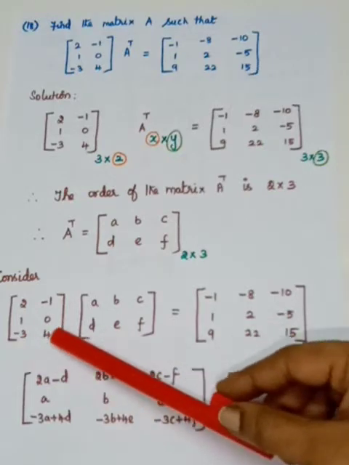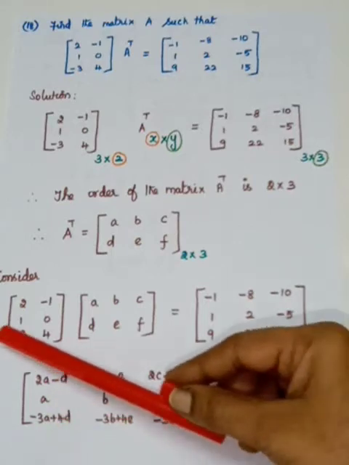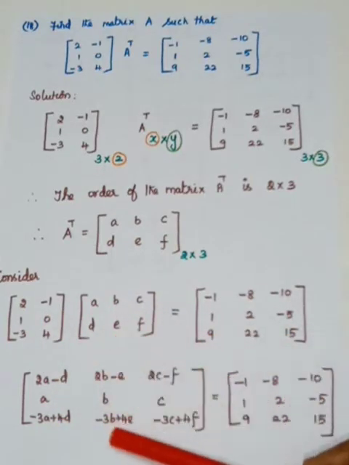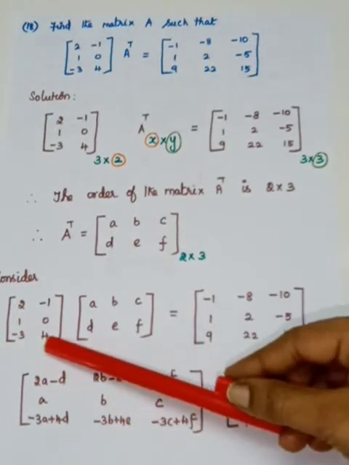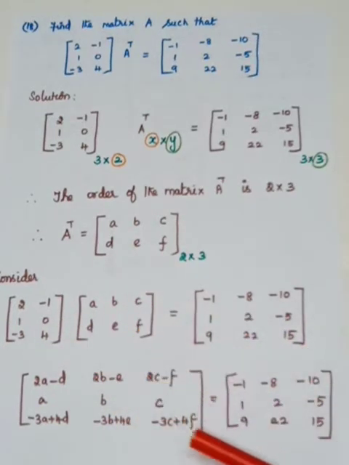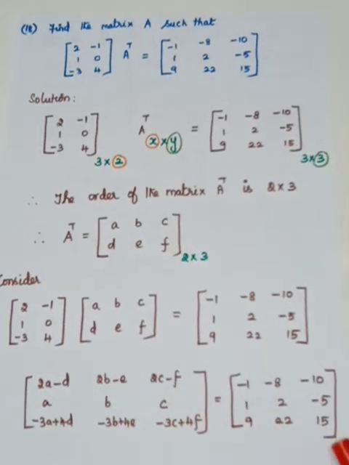In the same way, take the third row and multiply with the first column, you will get this answer. Take the third row with the second column, you will get minus 3B plus 4E. Take the third row with the third column, the answer is minus C plus 4F. That is equal to this matrix.